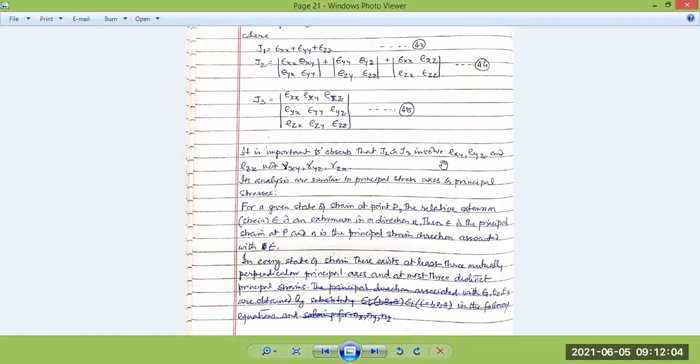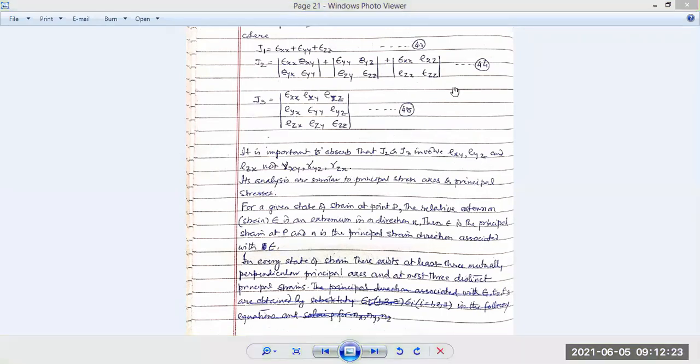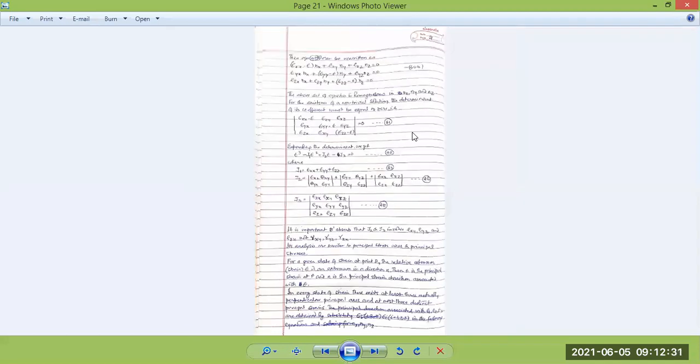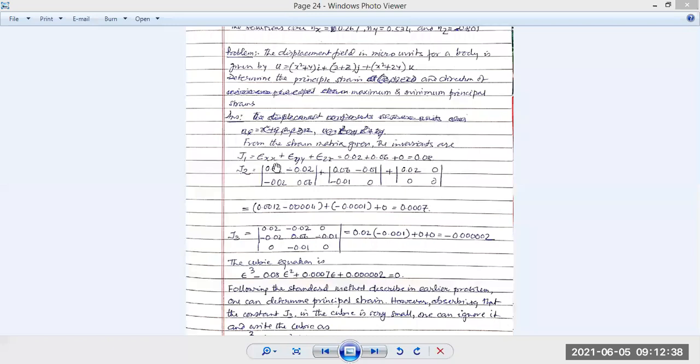We have just replaced gamma XY by EXY, gamma YZ by EYZ, and gamma ZX by EZX, because we are assuming that along this direction these are all longitudinal strains and not the shear strain itself. The analyses are similar to the principal axes. Now, let us see how we calculate it. Thus, J1, J2, J3 we know.